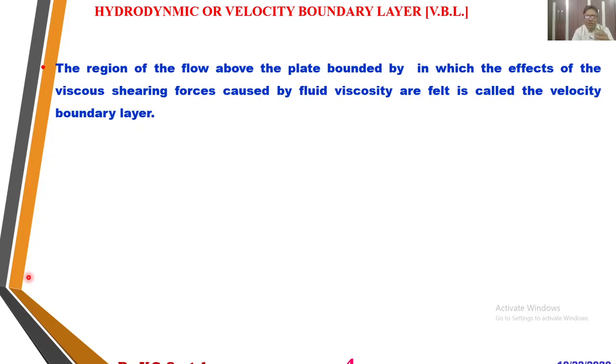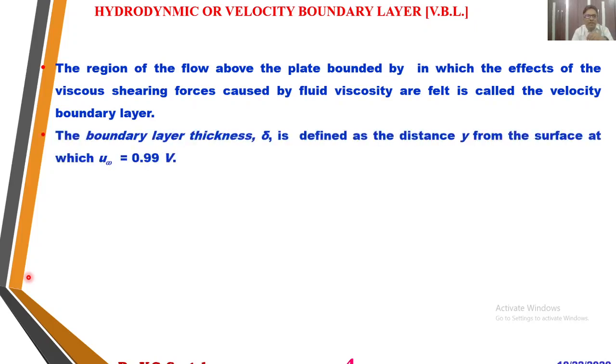That is, by virtue of these viscous forces and the no-slip condition, one region is formed near the plate surface where a velocity gradient exists, and this region is called the velocity boundary layer. The boundary layer thickness delta is defined as the distance y from the flat plate surface at which the free stream velocity is almost equal to 99% of the approach velocity.